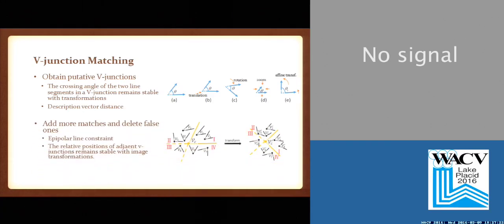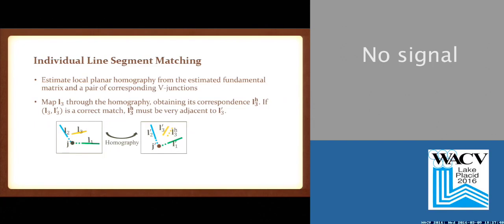And after obtaining some putative line segment matches, we refine them by two constraints. The first is the epipolar line constraint, and the other is that the relative position of adjacent V junctions remains relatively stable.